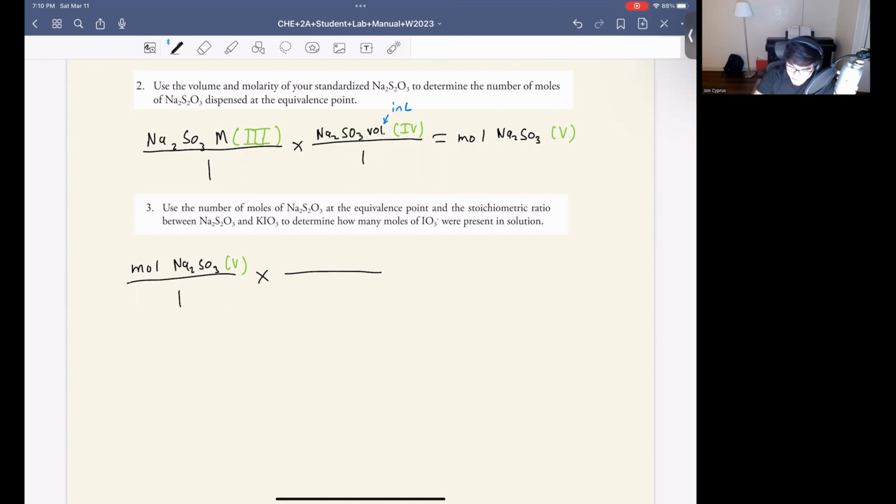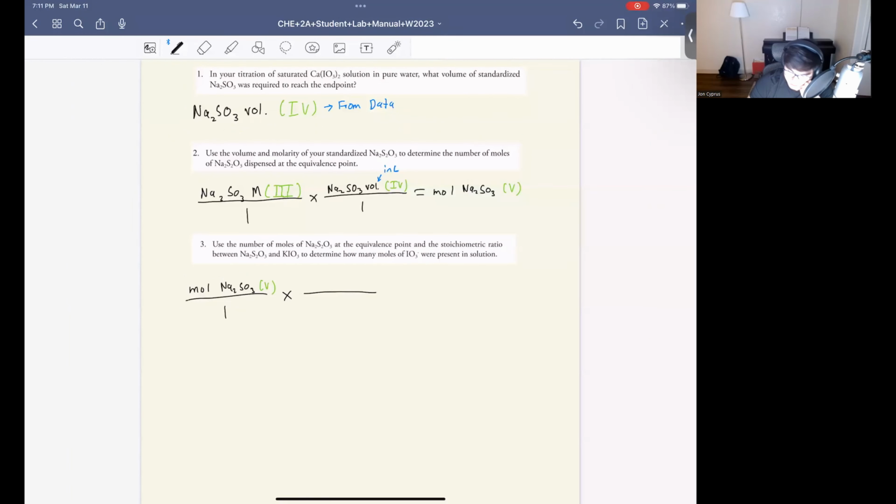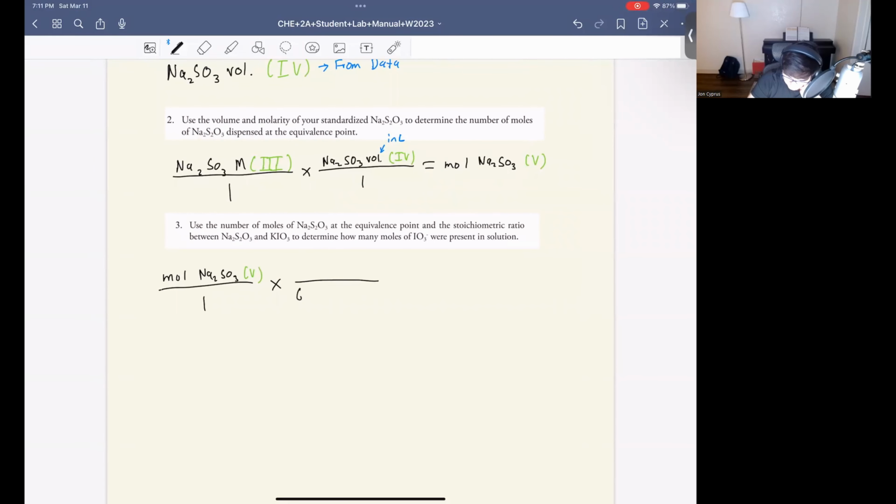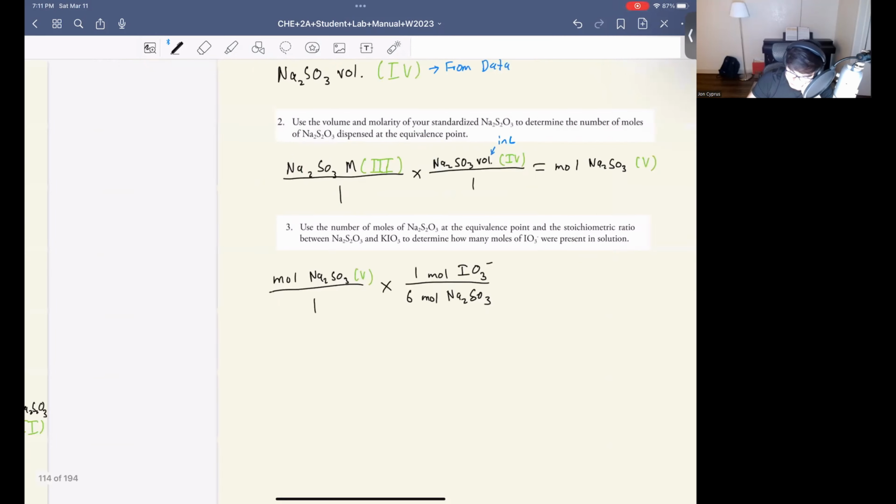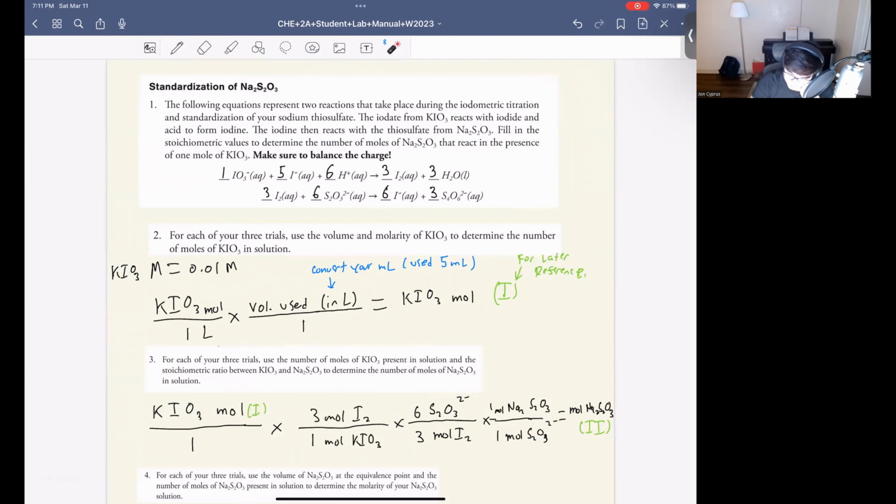So we said for every 6 moles of sodium thiosulfate, you get 1 mole of iodate being used. Again, in this equation, it's not actually sodium thiosulfate. You could go ahead and convert to sodium thiosulfate. It is in a 1-to-1 ratio.